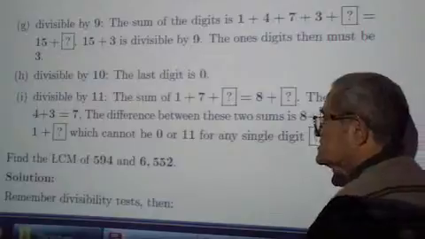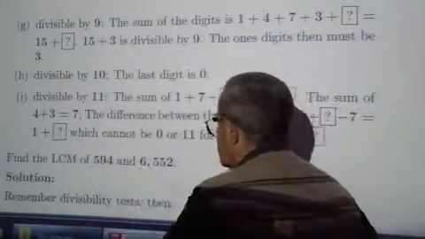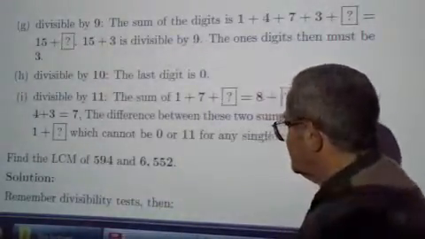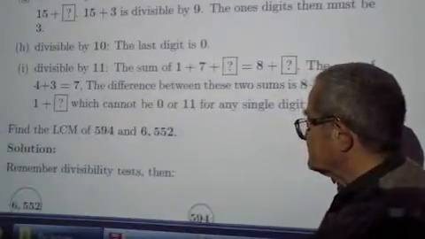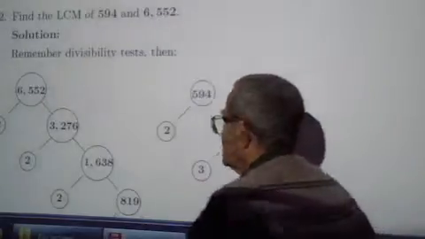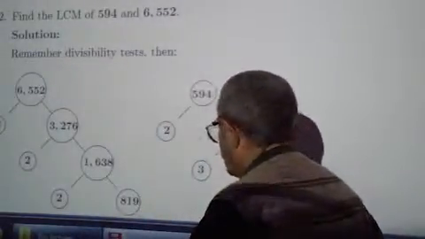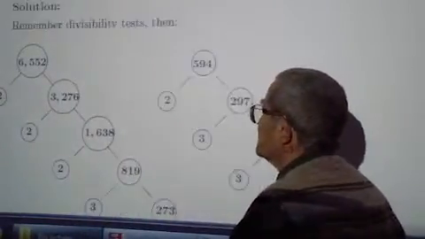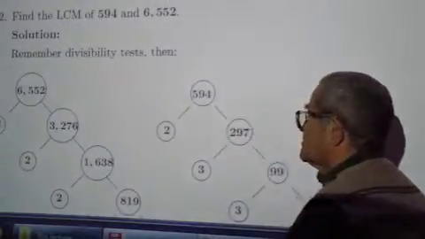Then we wanted the least common multiple of 594 and 6,532. So I do a prime factorization, and when you're finished, I guess I can let you look at that quickly.